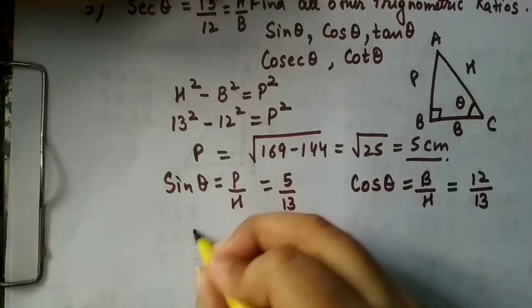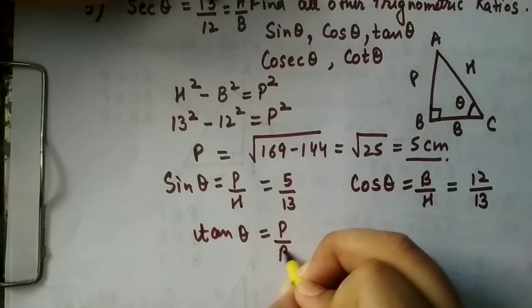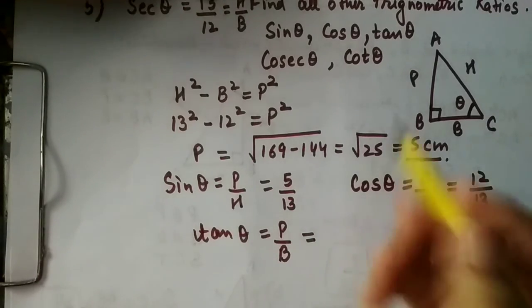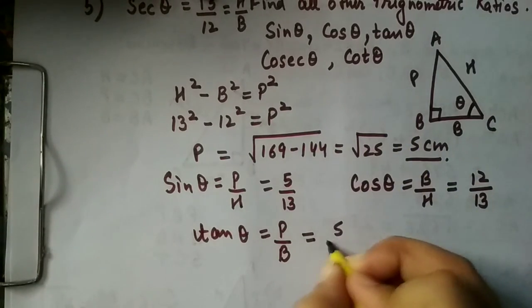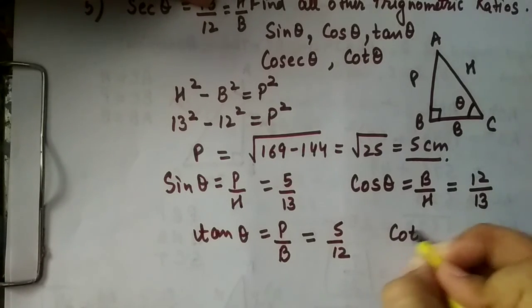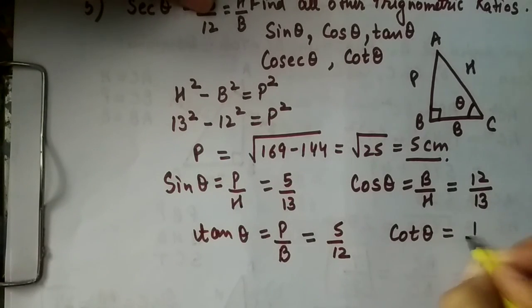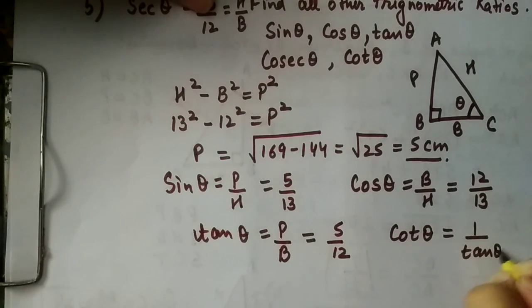Now let's see the value of tan theta. Tan theta is perpendicular upon base. Our perpendicular is 5 and base is 12. Cot theta is the reciprocal of tan theta, so it is 1 upon tan theta, that is 12 upon 5.